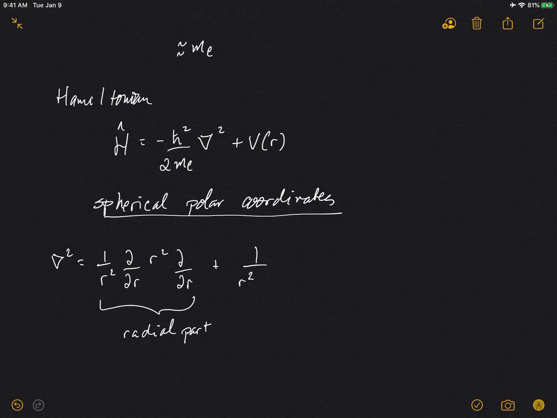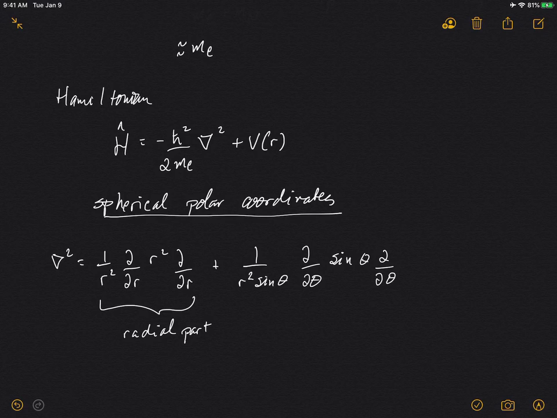So we get 1 over r squared sine theta d d theta sine theta d d theta.